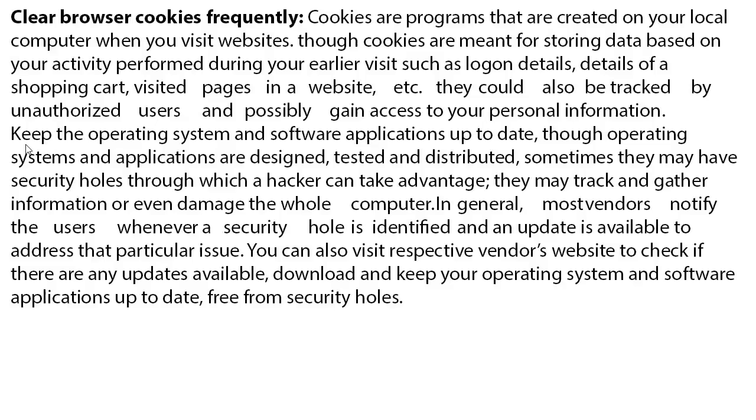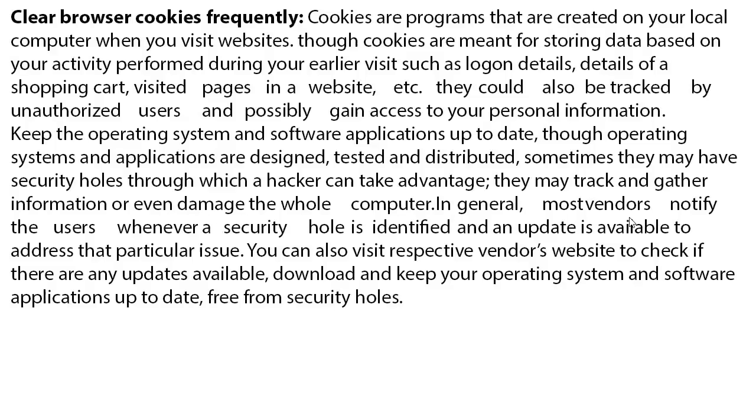Keep the operating system and software applications up to date. Operating systems and applications are designed, tested and distributed, but sometimes they may have security holes which a hacker can take advantage of. They may track and gather information or even damage the whole computer.